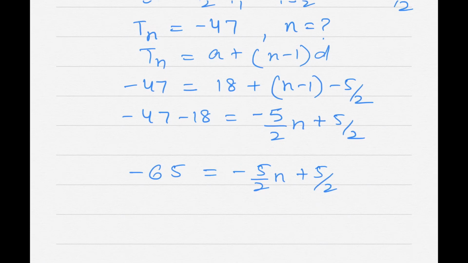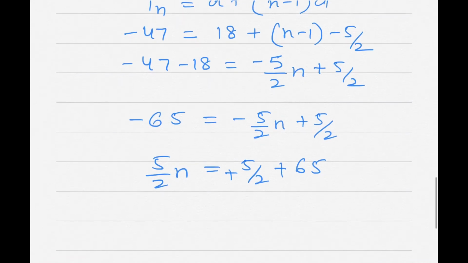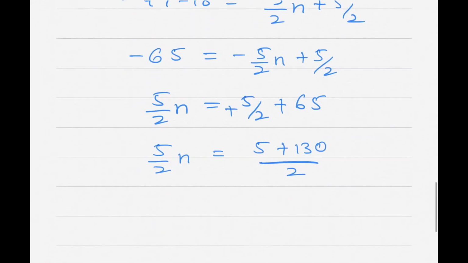So I can say 5 by 2n, I'll bring this side so it will become positive, and this will be equal to 5 by 2 minus 65. Both will be negative, right? Because I brought this here and that to that side, they both will become plus.